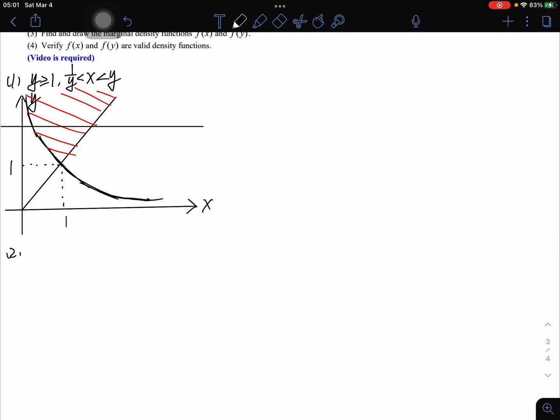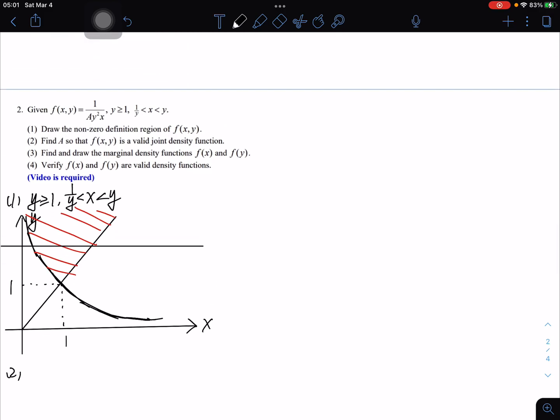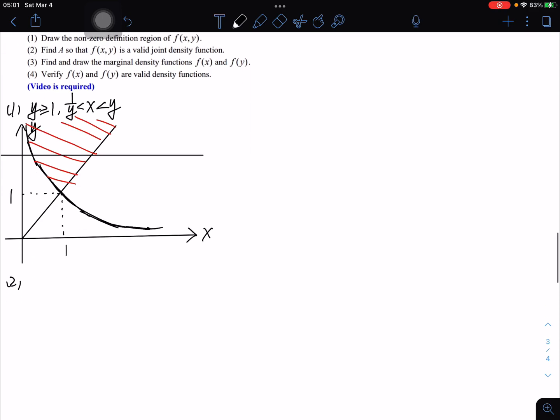So the second question is find a so that f(x,y) is a valid joint density function.